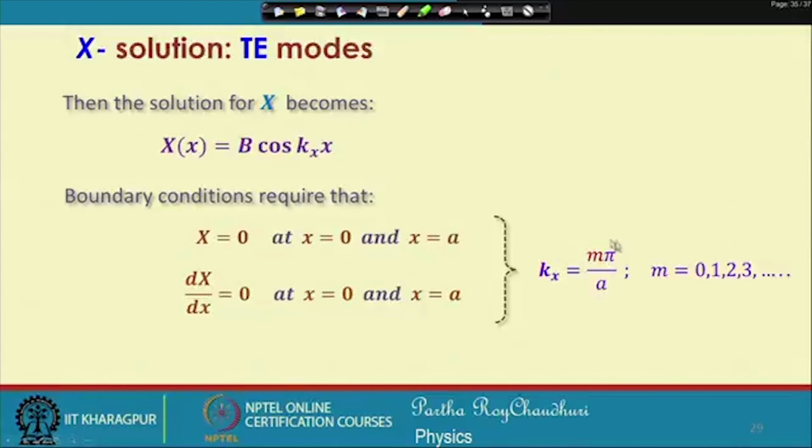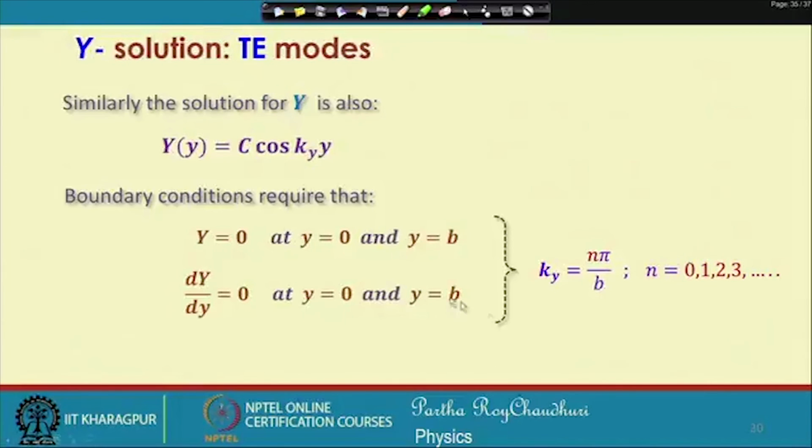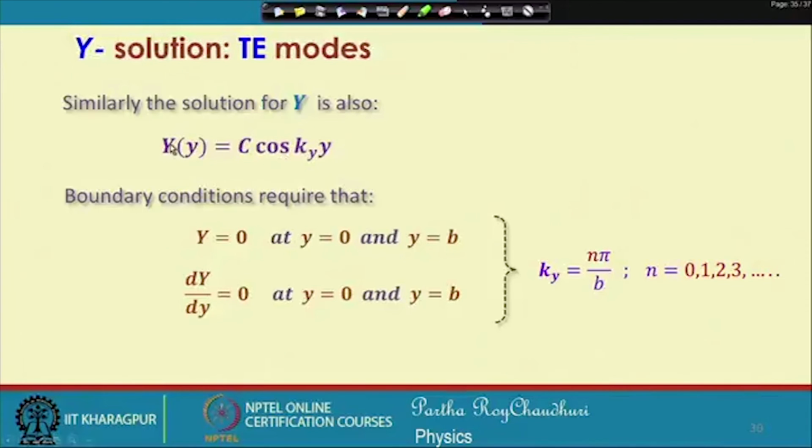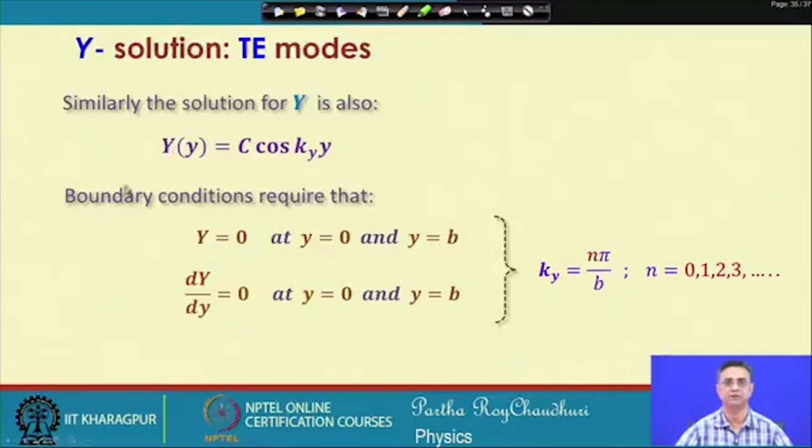Exactly in the same way we did it for the parallel plate metals, but in this case you have 2 such cases and they appear in the form of a product. Similarly, the solution for y is also in this form. This was the solution for the x part, and this is the solution for the y part of the wave equation.